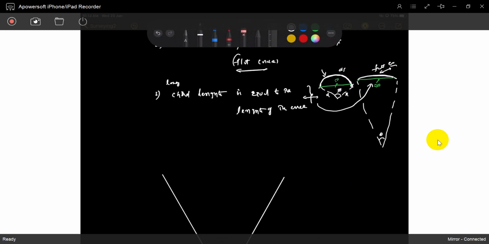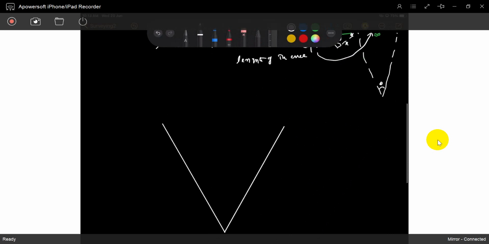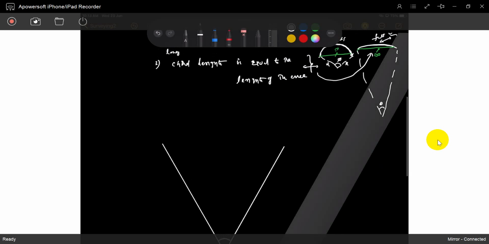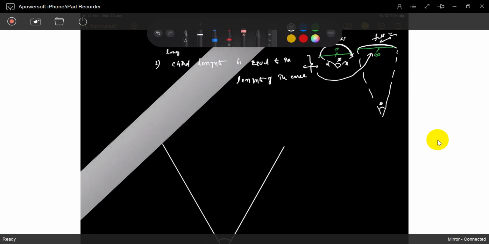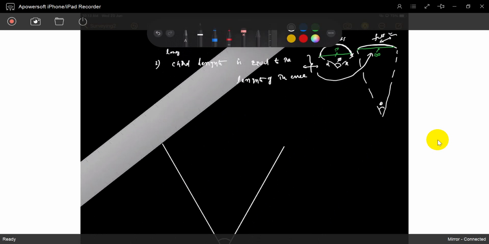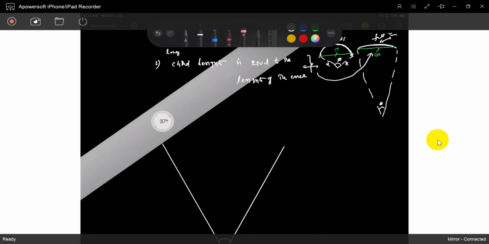That's why I drew it very small. And we also have to draw a tangent, so 90 degrees to the tangent.